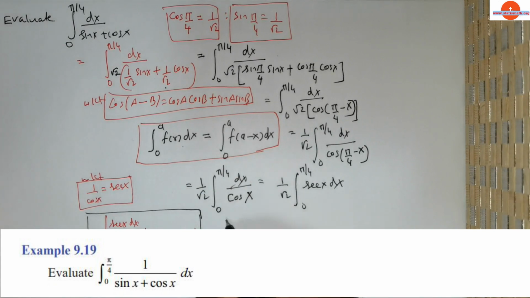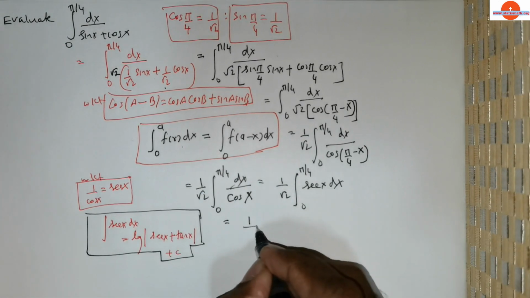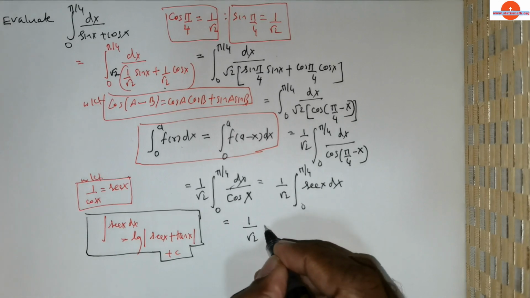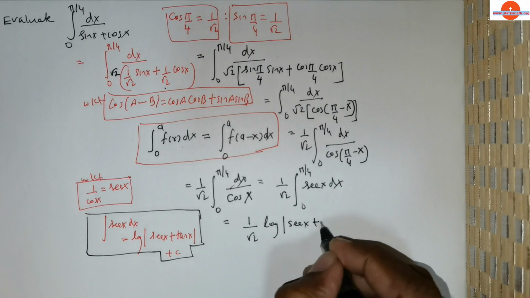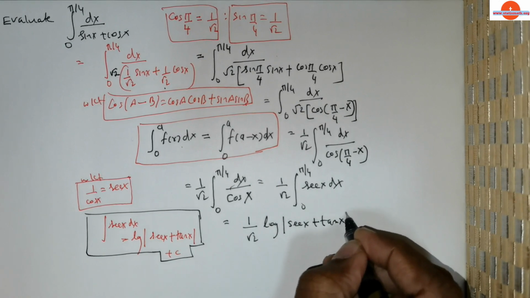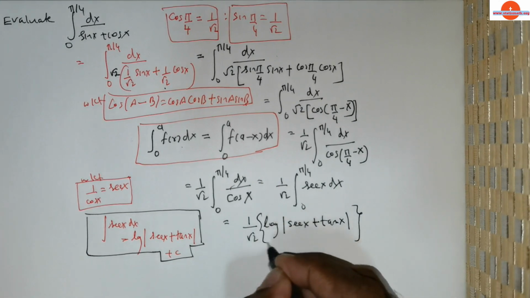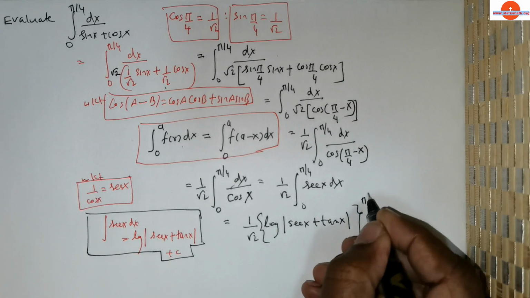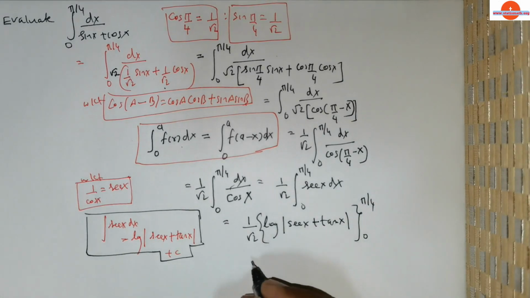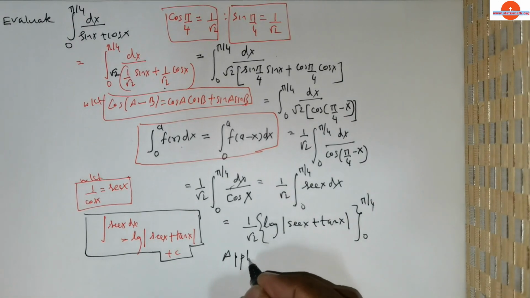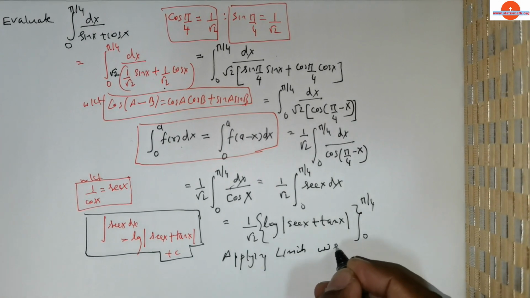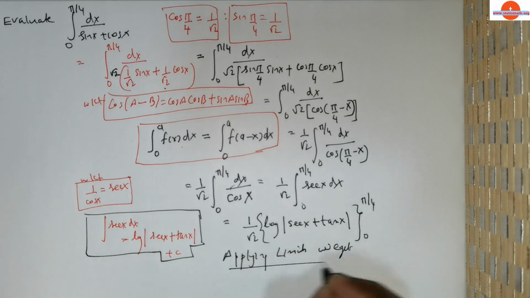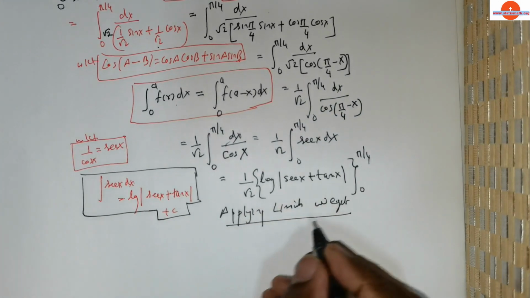So, using that formula, I now have 1 over root 2 log of secant x plus tan x. The limits are 0 to pi over 4. So, I would be applying the limits. When we apply the limits, what do we get?